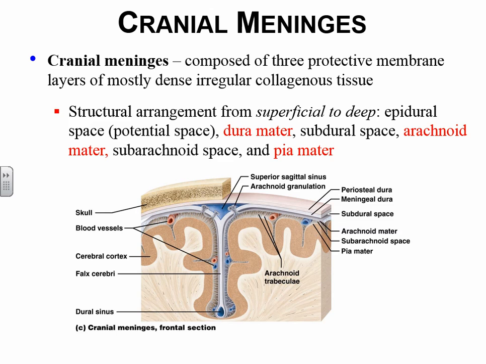So we'll start with your cranial meninges. The meninges are what's going to help me fill up the space between the brain itself and the bone, but they're also going to serve a protective function. If we start from superficial at the skull and move deep, the first thing is a space that's typically not there.